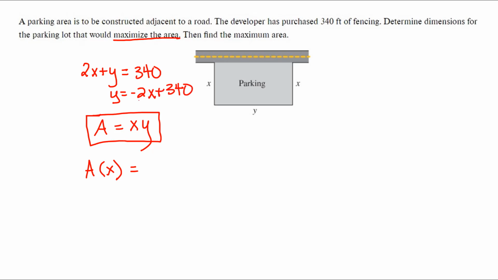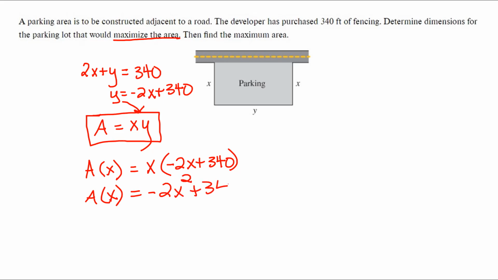And if I do that, I can plug that value into my area equation or my area function. So I've got x times y, so x times what I just got for y, which is negative 2x plus 340. And then if I multiply this out, my A of x function, my area function, I'll have negative 2x squared plus 340x.